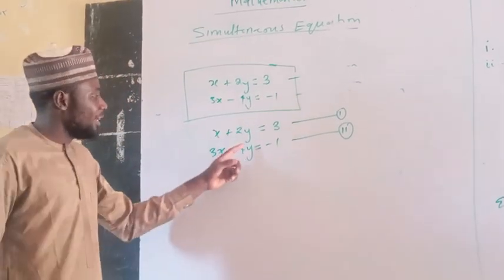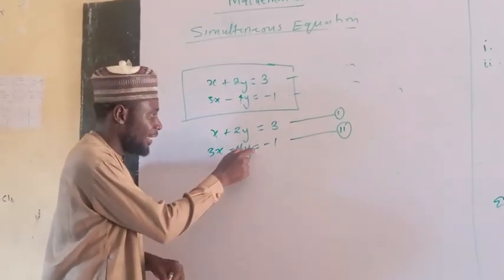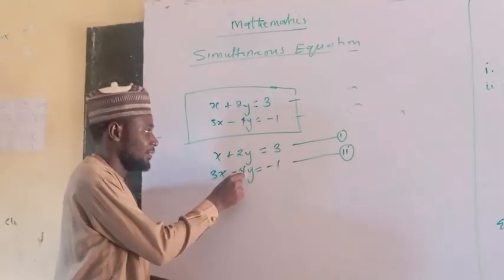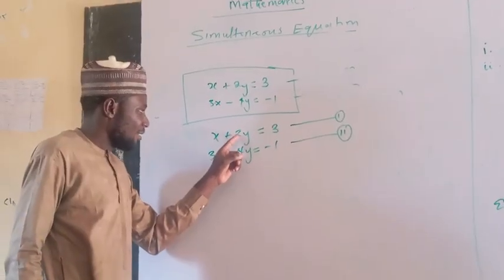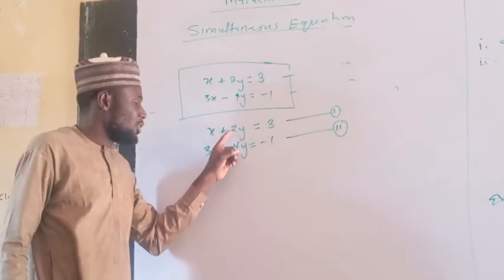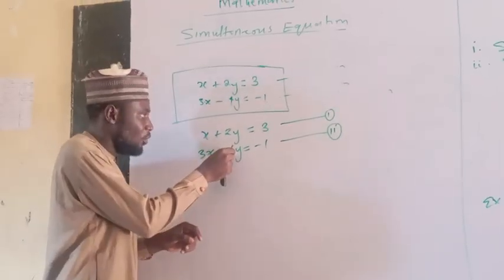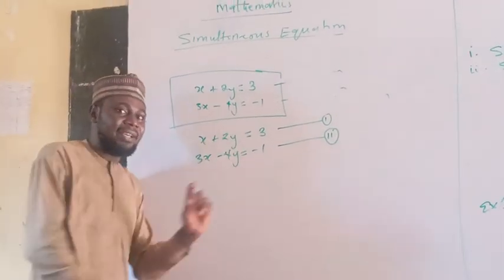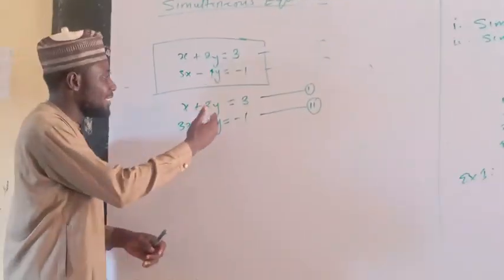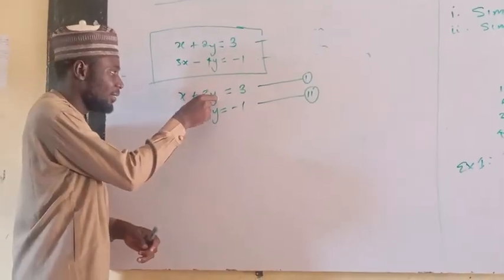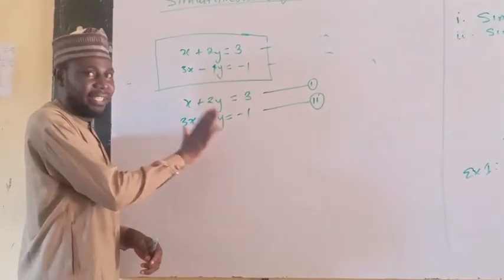To idan ina so eliminating y tun da wannan 4 ne a nan y 4 ne a nan wannan kuma y a nan 2 ne dole wannan y a nan zan bai da shi ma 4 amma wannan zan bar shi a inda yake 4 saboda su zama iri ɗaya sai in cancel na shi ne ake kira shi da elimination. To tun da ina son eliminating ne me zan yi idan y nan ya koma 4 wannan kuma bar shi a inda yake a shi.